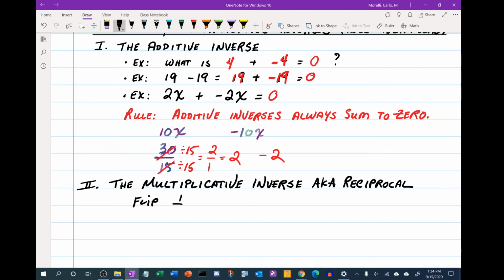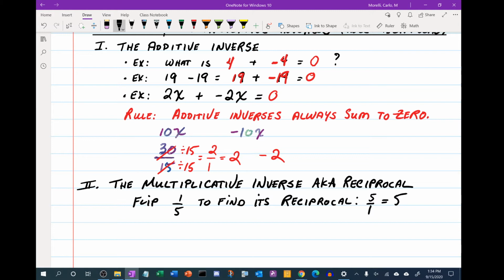Flip 1 over 5 to find its reciprocal. What does it say? What is 1 over 5 flipped? 5 over 1. And can we simplify that? Just 5.